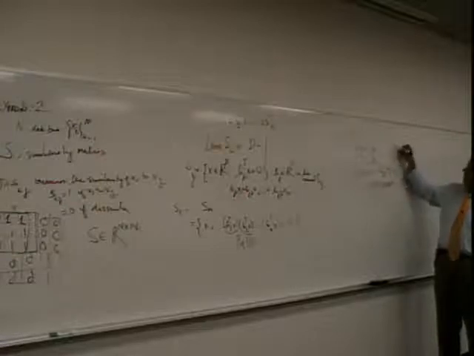If there were 3 variables, x1, x2, x3, and if n was equal to 2, then you'll have terms like x1 squared, x2 squared, x3 squared. You'll have x1 x2, x1 x3, and x2 x3.